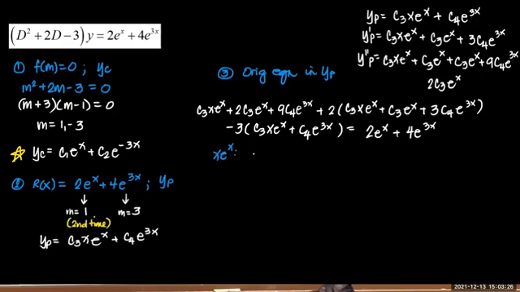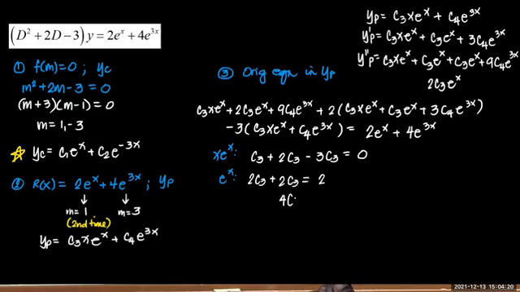Let's equate those with x e to the x, equating coefficients. So you have c3 plus 2c3 minus 3c3 is equal to, there's nothing. So that means 0 equals 0. Now, let's equate those with e to the x. 2c3 plus 2c3 is equal to 2.